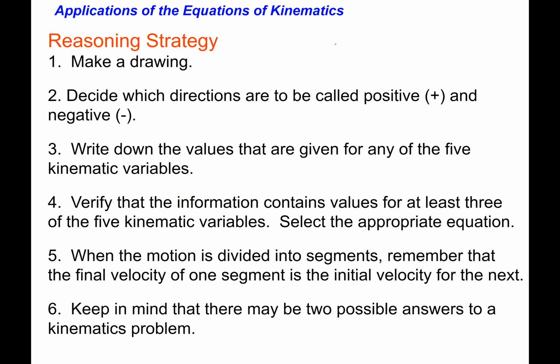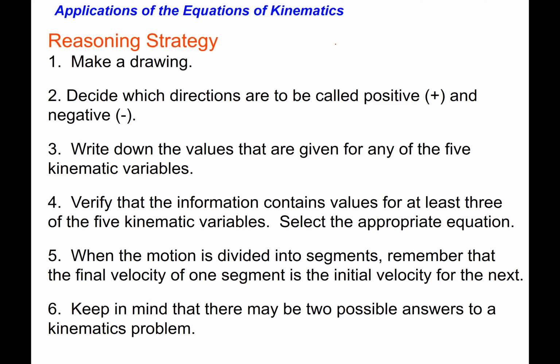Verify that the information contains values for at least 3 of the 5 kinematic variables. If you only have 2 identified, that means you must look closely in the problem for the 3rd one. The 3rd one may probably be in words. For example, it may say the object starts from rest.